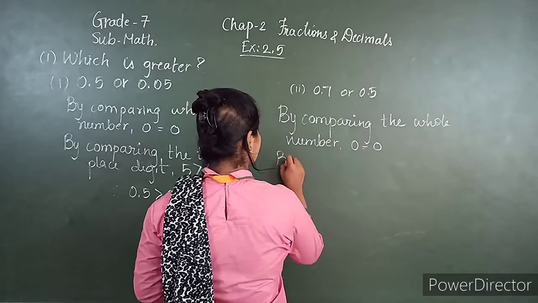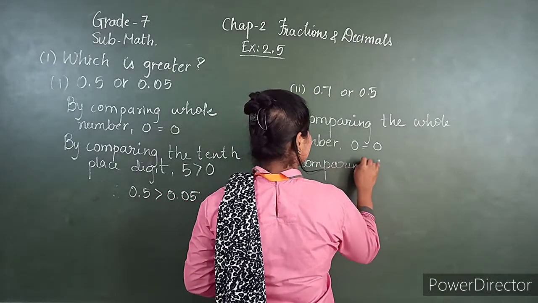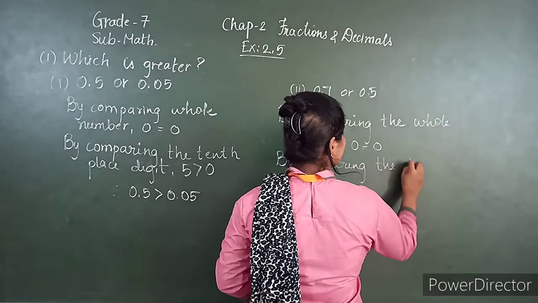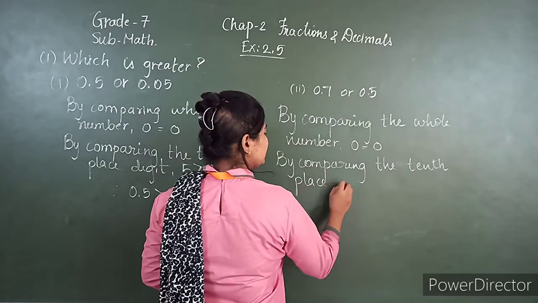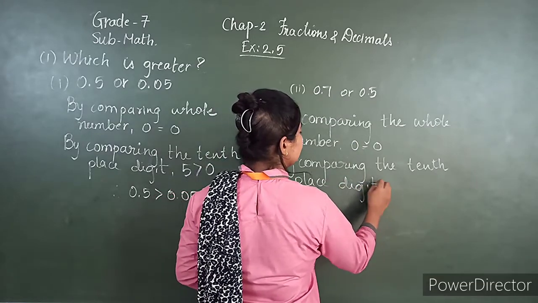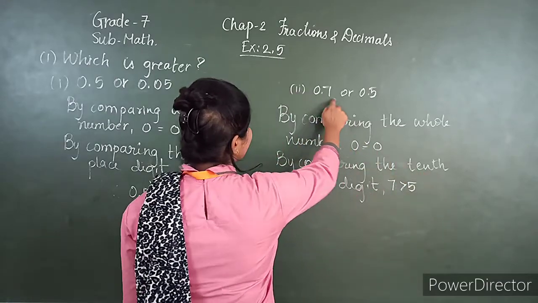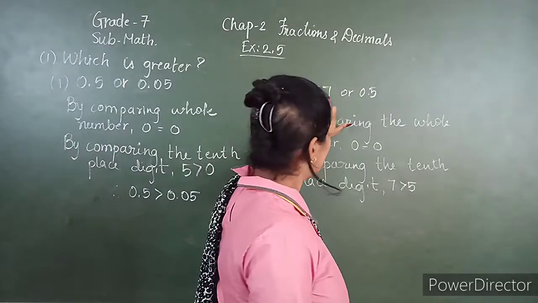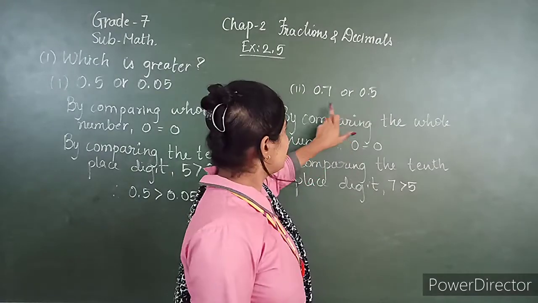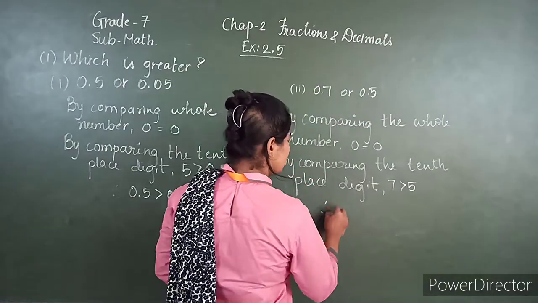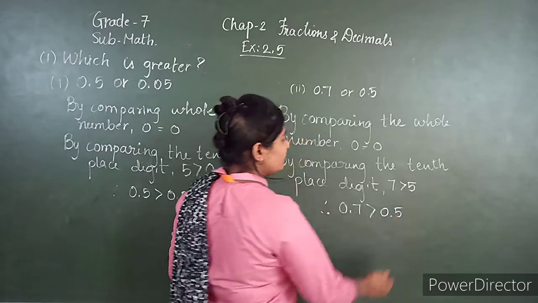Here in the 10th place digit 7 is given and here in the 10th place digit 5 is given. So 7 is greater than 5. Therefore 0.7 is greater than 0.5.